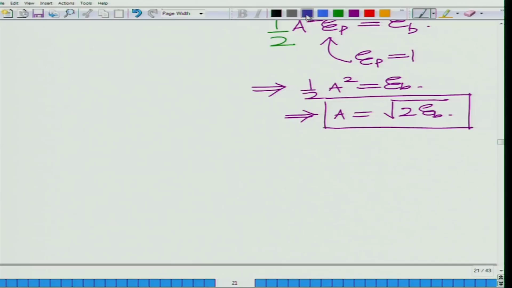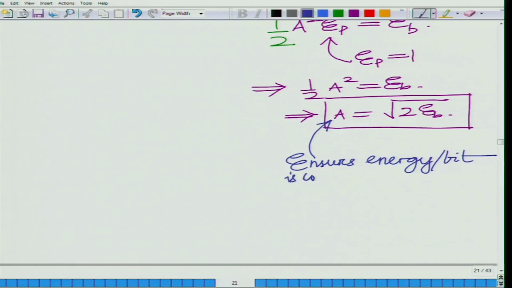So, that is the reason we are keeping the energy per bit constant across the different modulation schemes.